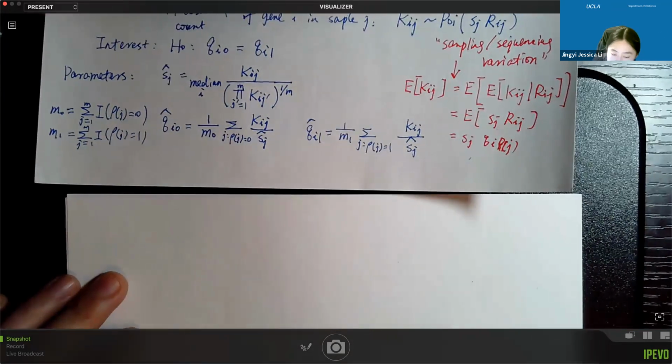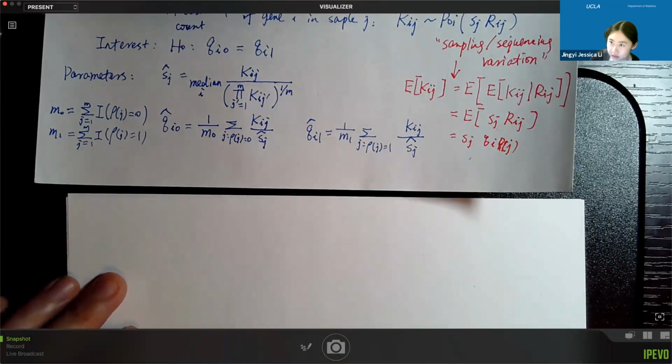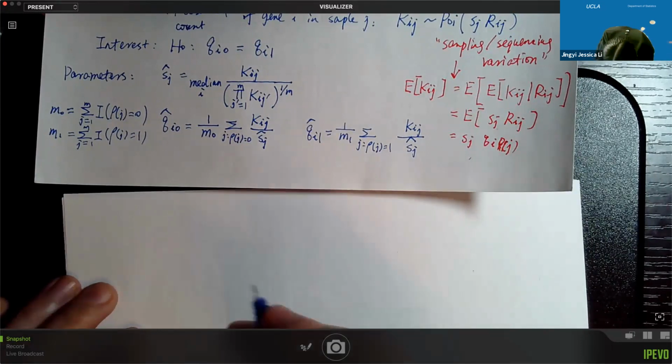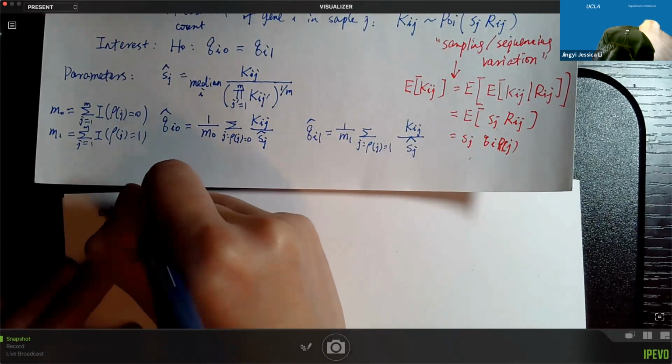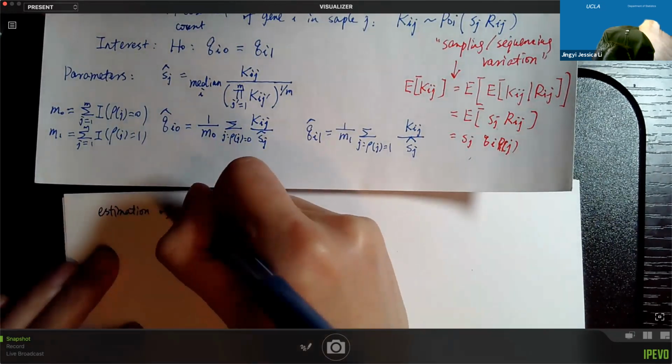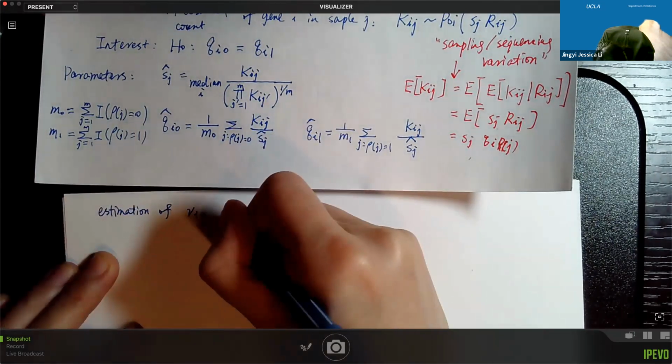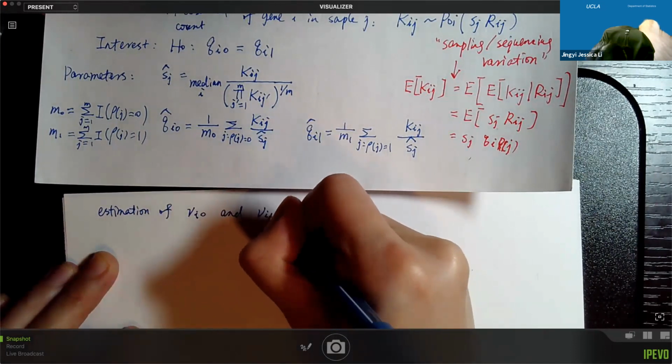And for the variance estimation, we first use the sample variance we're familiar with. So about the estimation of mu I0 and mu I1.